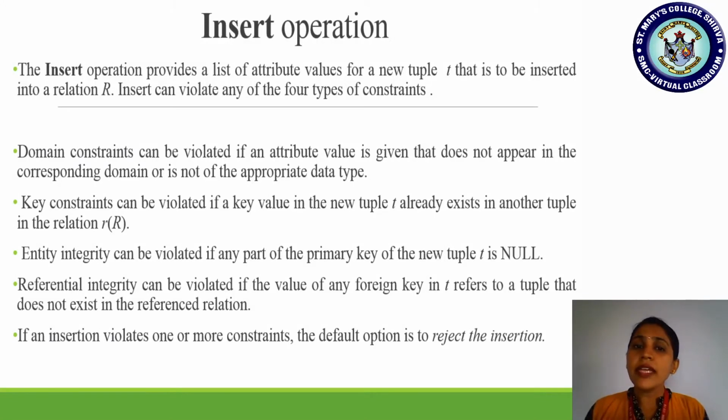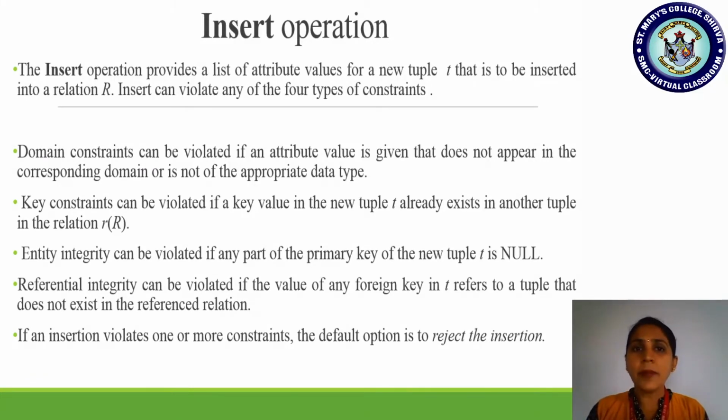So that department number is a foreign key, but department number is a primary key in which relation? The department relation. Whatever department number 5 we found in the employee relation, does that department number 5 exist in the department relation? In the department relation, we have the department name and department number 5.